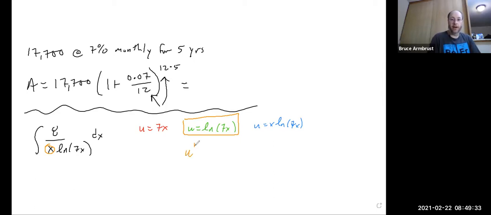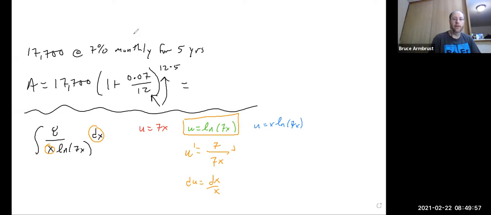All right, well, so I'm going to use this. So then u prime, remember with natural logs, we get whatever's on the inside on the bottom, and then we take the derivative of what's inside and put it on top. Well, the derivative of 7x is 7. So we get du is equal to dx over x, which is exactly that stuff.